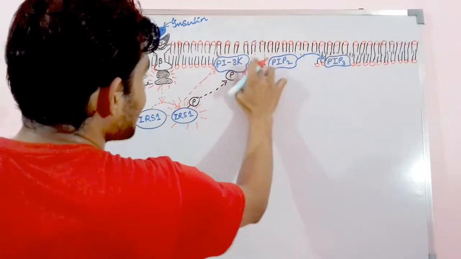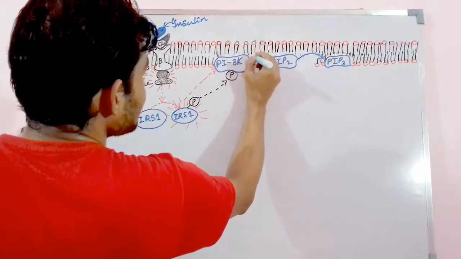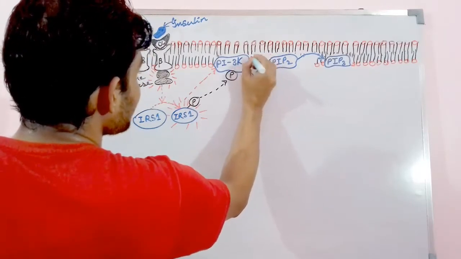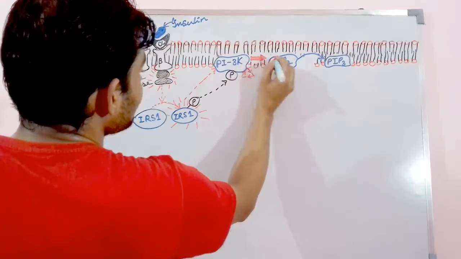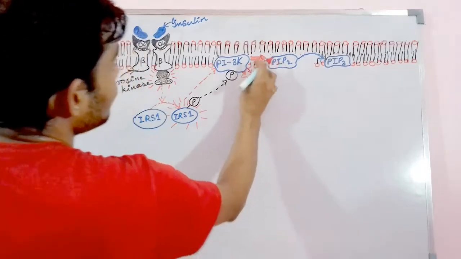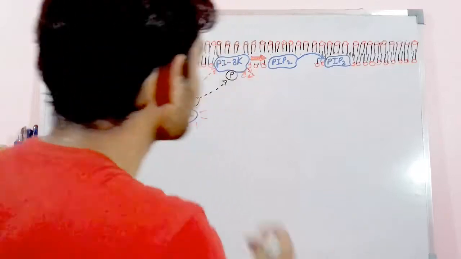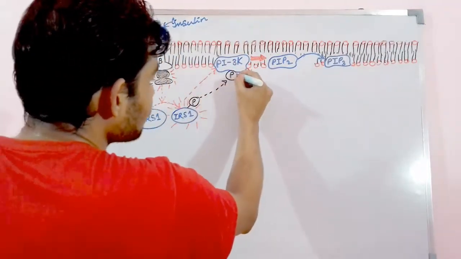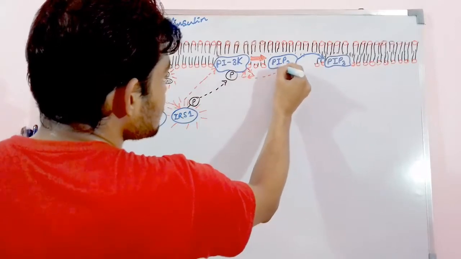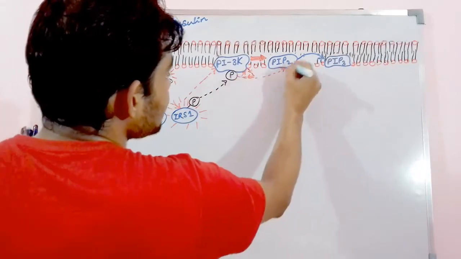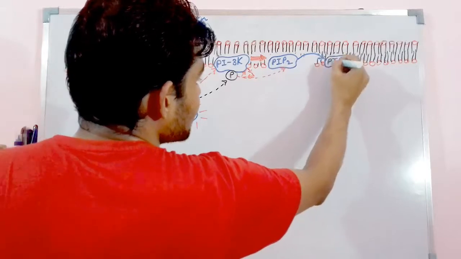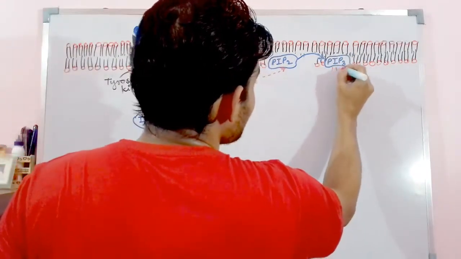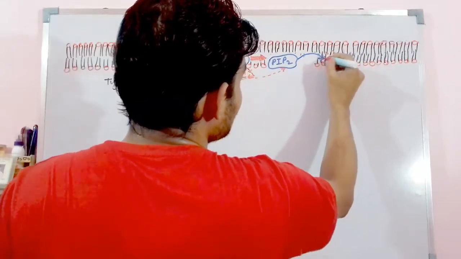In the presence of this enzyme, the phosphate group is donated to the phosphatidylinositol bisphosphate. So the phosphatidylinositol 3 kinase enzyme donates the phosphate group to this molecule, which gets converted to this phosphatidylinositol 3 phosphate or triphosphate molecule, which is again getting activated.